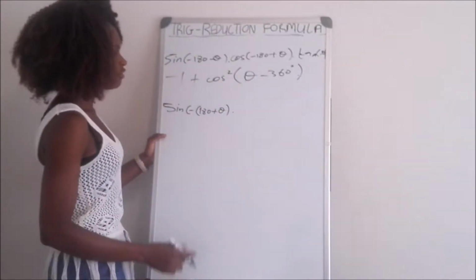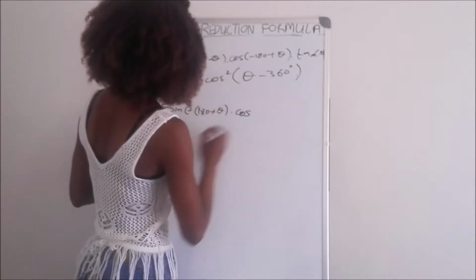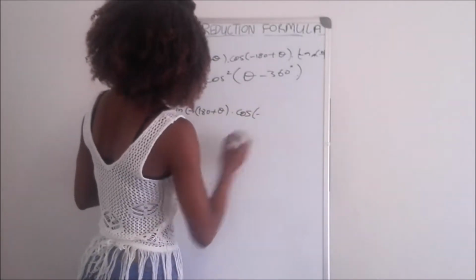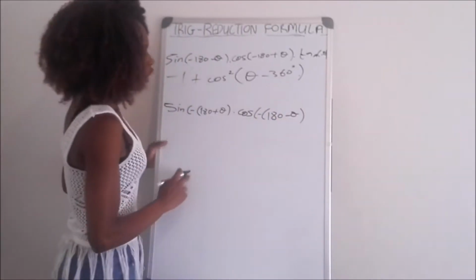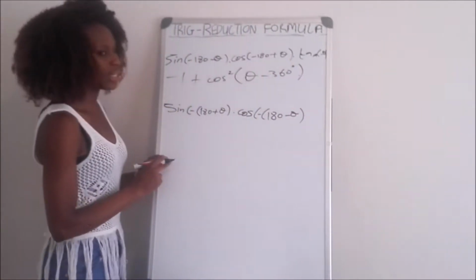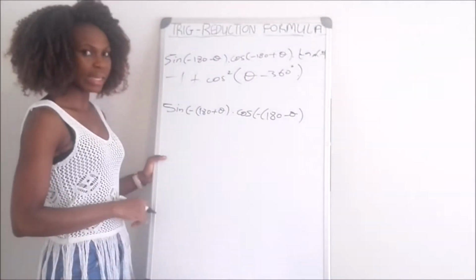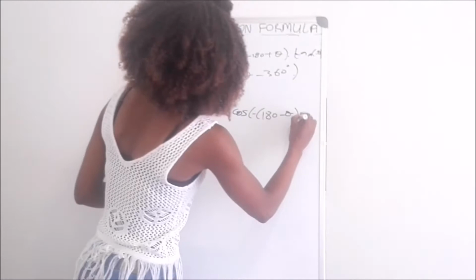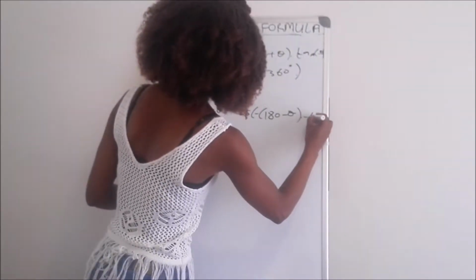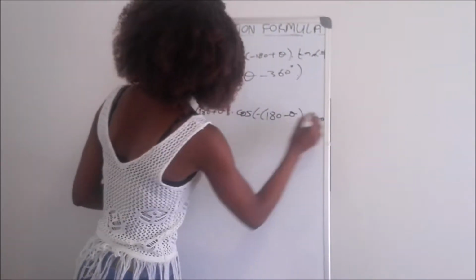We take out a common factor of a negative angle. Then this will be cos into negative, and we have 180 minus theta. And with tan of negative theta, remember a negative angle is only positive in the fourth quadrant. That means for tan it will be multiplied by negative tan theta. It is negative in the third quadrant.